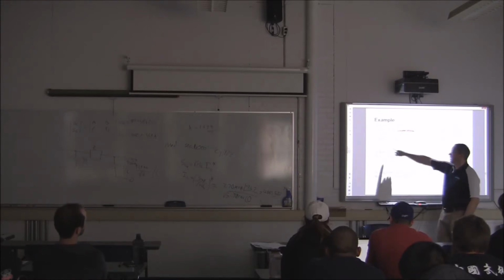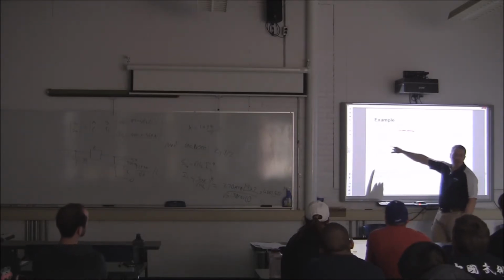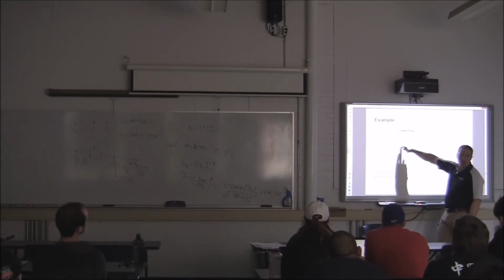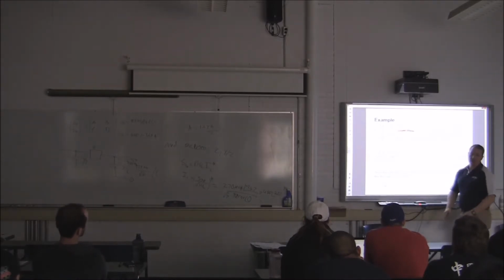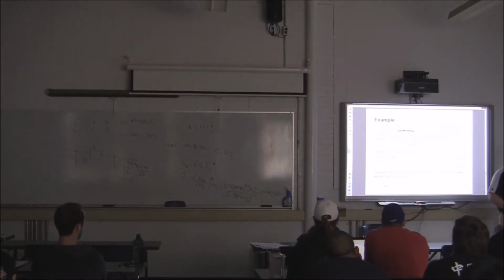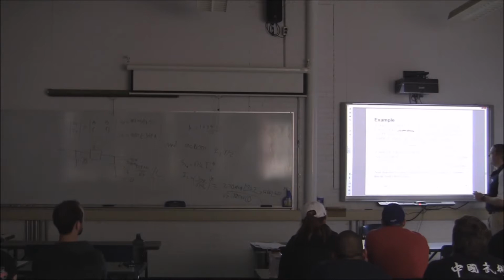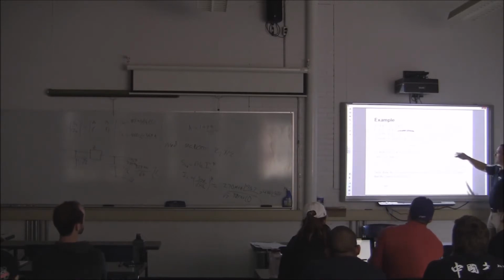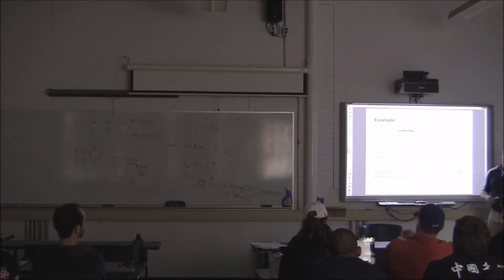So here, it's omega L equals 2 pi f L, 377 times L, and I need to get it in ohms, not ohms per kilometer, so I multiply by the length, and I end up with 39.2 ohms for my reactance on my line. For the capacitance, which is going to be an admittance, it's 1 over 2 pi f C, 377 radians per second times the farad value times the line length gives me 1821 ohms.